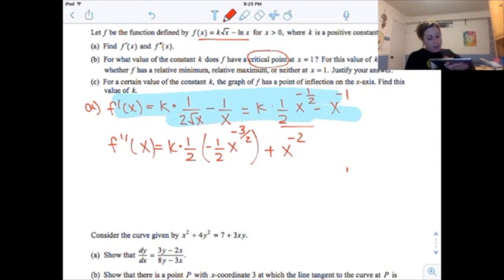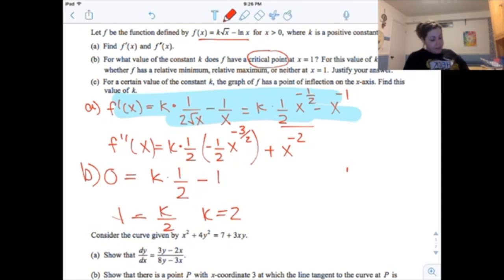So I'm going to say, okay, then that means that this equals 0. So 0 should equal k times 1 over 2, because we're plugging in at x equals 1, minus 1 over 1, which is 1. So add 1 to the other side, 1 equals k over 2, so k equals 2. So that's my value of k.